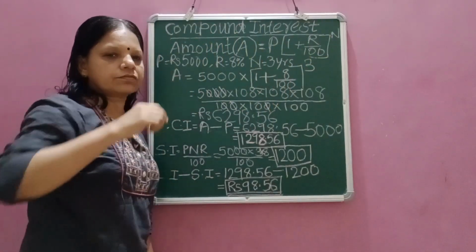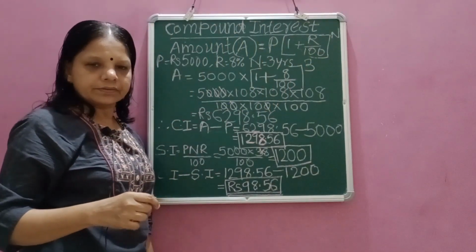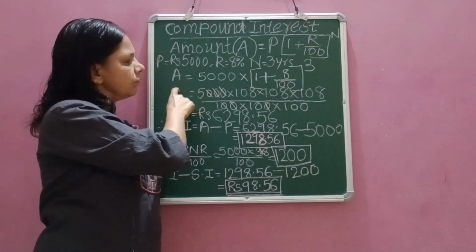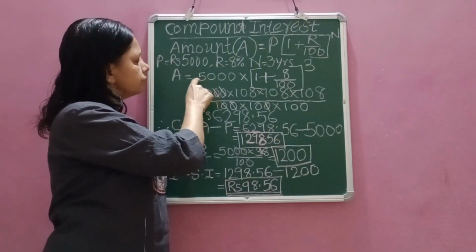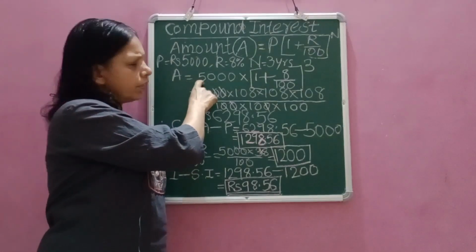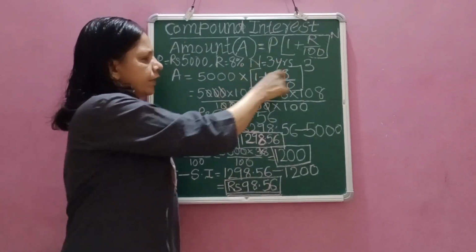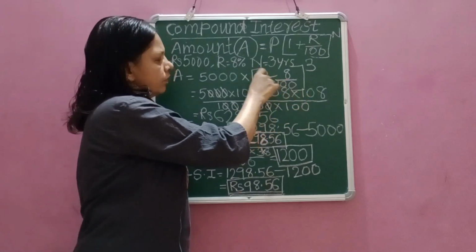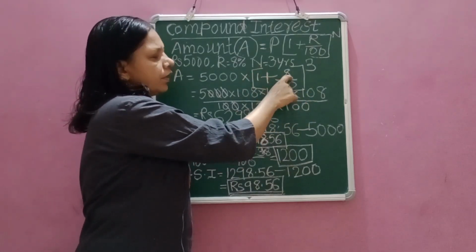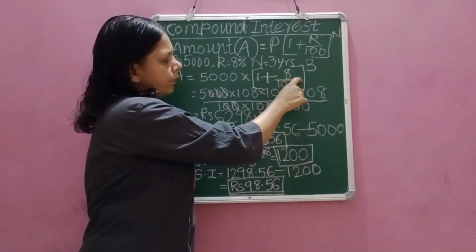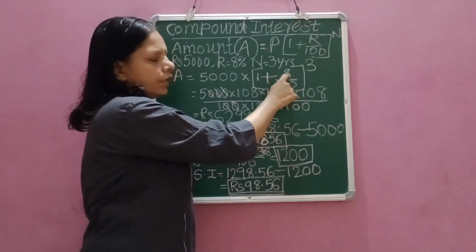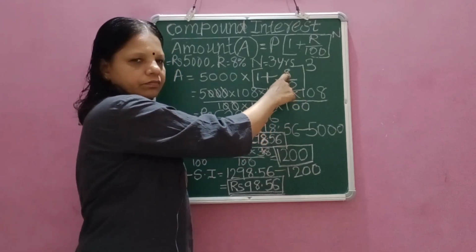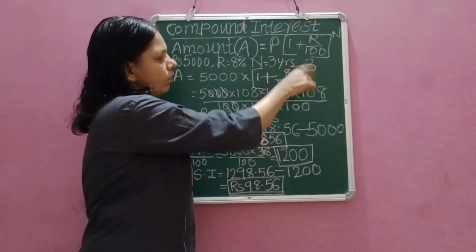The calculation is very complicated. So substitute P equal to 5000 into the bracket. First you have to solve the bracket. 1 plus 8 upon 100. Here 100 is only for 8, and 1 is separate.